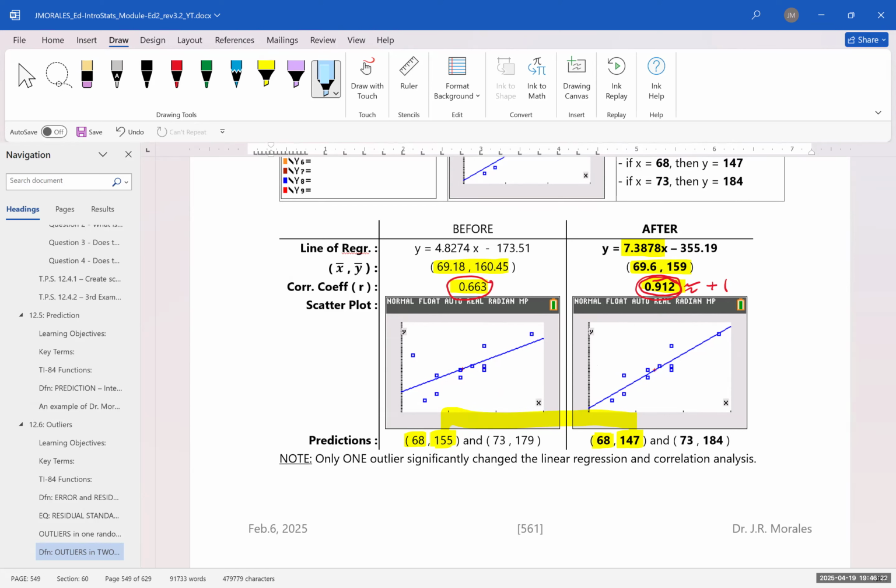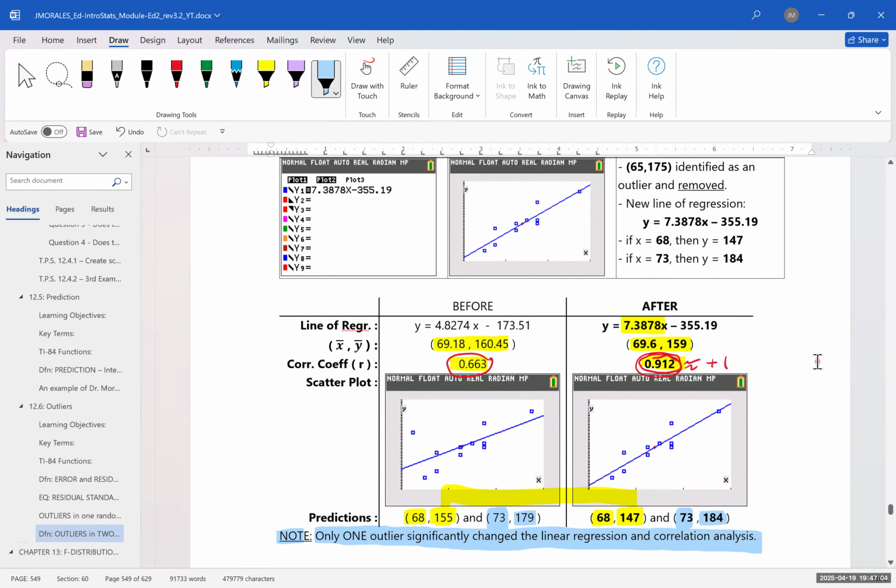If we put 73 in for a third exam score before the outlier was taken out, we get 179 for a final score. If we put 73 into the line of regression after the outlier is removed, we get a higher final score of 184. So taking out an outlier altered our predictions, and maybe our predictions are better for it. Please note that only one outlier significantly changed the linear regression and correlation analysis.